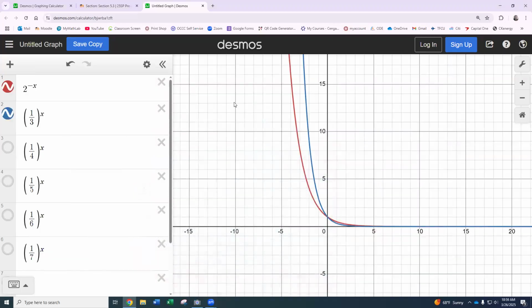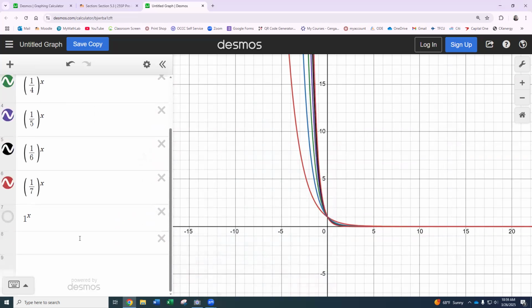So now when I have 1/3, that's going to decrease even faster because now everything is getting divided by 3, instead of by 2. When I divide everything by 4, it's going to decrease even quicker. And then 1/5, 1/6, and 1/7. So they have the same characteristics of that (0, 1) and that same horizontal asymptote at y equals 0.